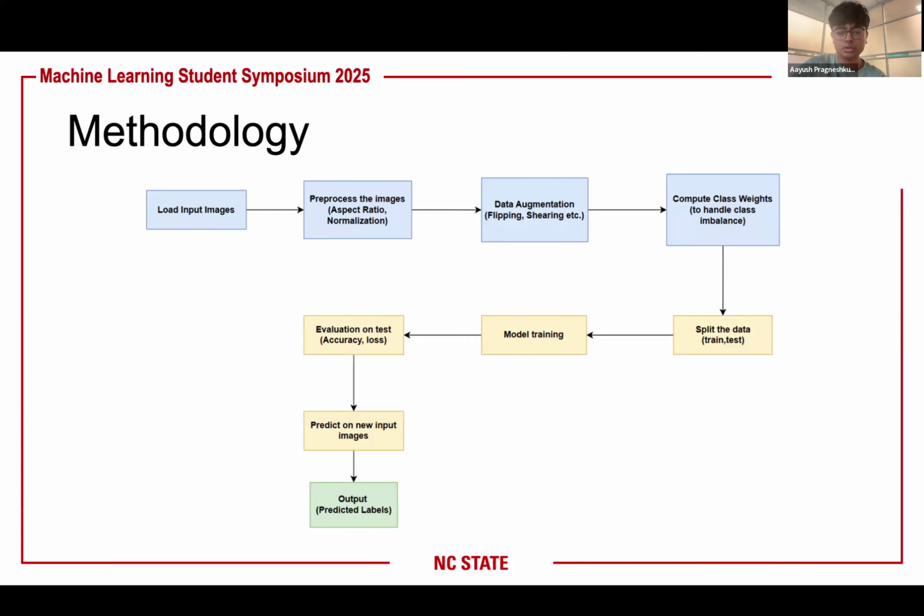After doing all this data pre-processing, we split the data into train and test sets. After that, we trained the model, and we tested on the test data set, and upon that we were predicting our new output labels.